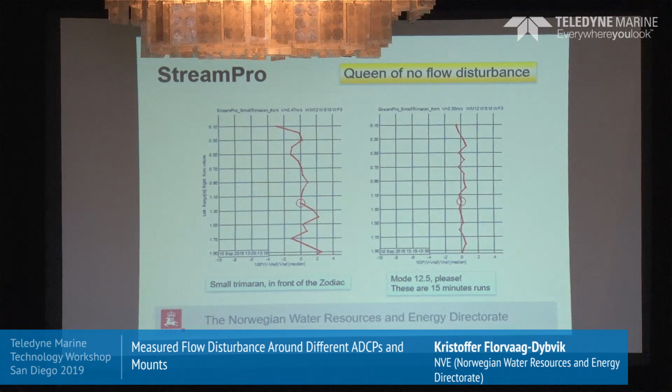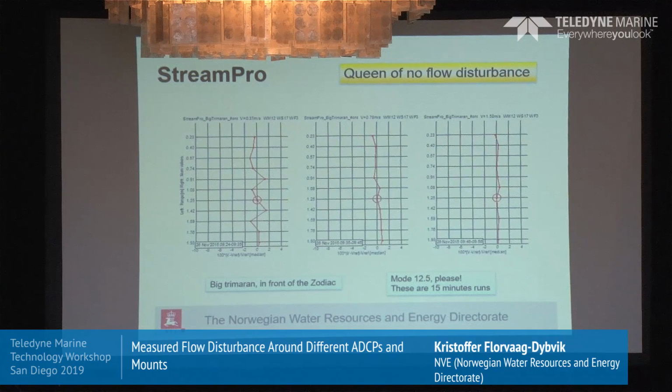So this is the instrument to use, especially if you are on a shallow river and you can only measure a small portion of it, so that you depend more on the data you got. You don't need to screen out anything. And it's the same thing with the small trimaran and the big trimaran. And in front of the Zodiac or beside the Zodiac.